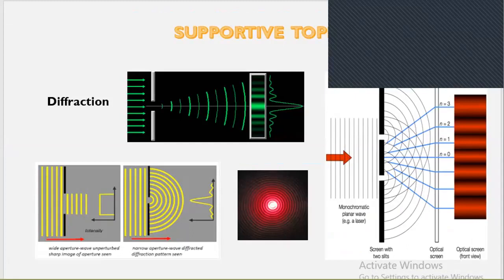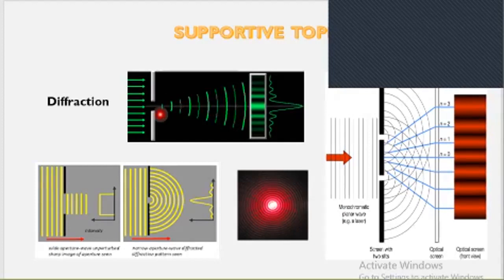Next, diffraction. Basically, it is a supportive topic because the conceptual understanding of XRD diffraction and Bragg's law is required in the Davisson-Germer experiment. In simple words, diffraction is described as the bending of light around any obstacle.